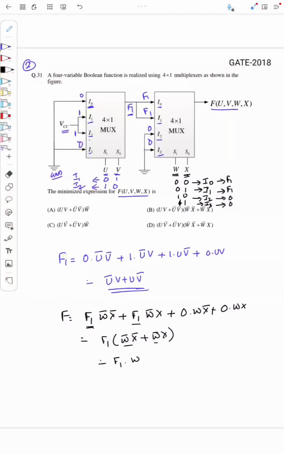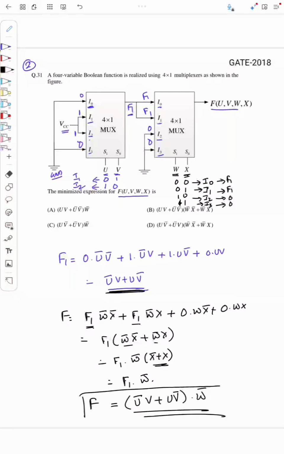So f1 into w bar into x bar plus x, which is 1, right? So this term is 1, so f1 into w bar is the answer. And what is f1? I know f1 is u bar v plus u v bar, into w bar. So this is the output f.